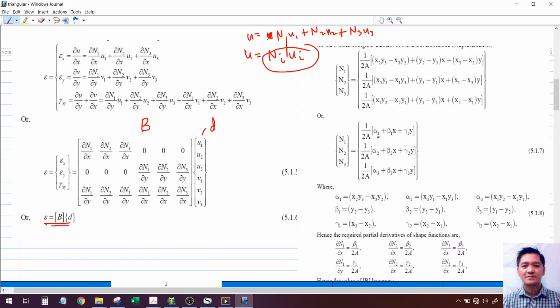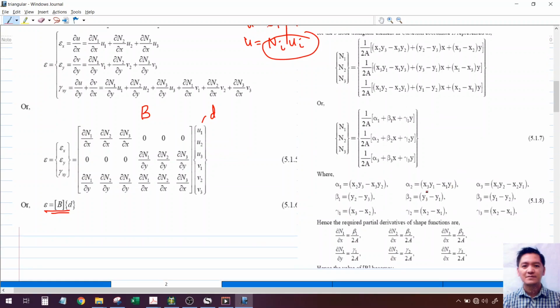Designating na itong alpha 1 na to is this one. Okay. Itong beta 1 na to is this one. Okay, dito yun. So, baba. Hence, the required partial derivatives of shape functions are this. For example, dn1 dx. Gawin natin. dn1 dx, which is ito. Ito yung dn1. Or ito. So, get the partial derivative of that.